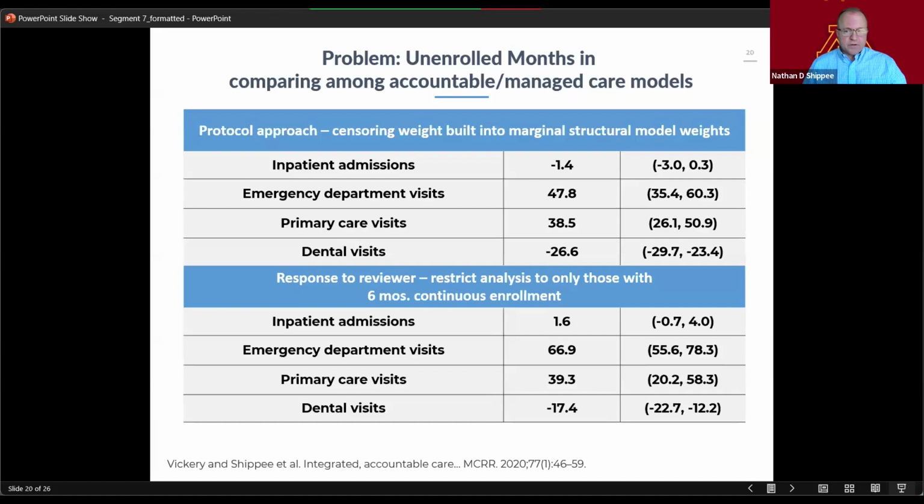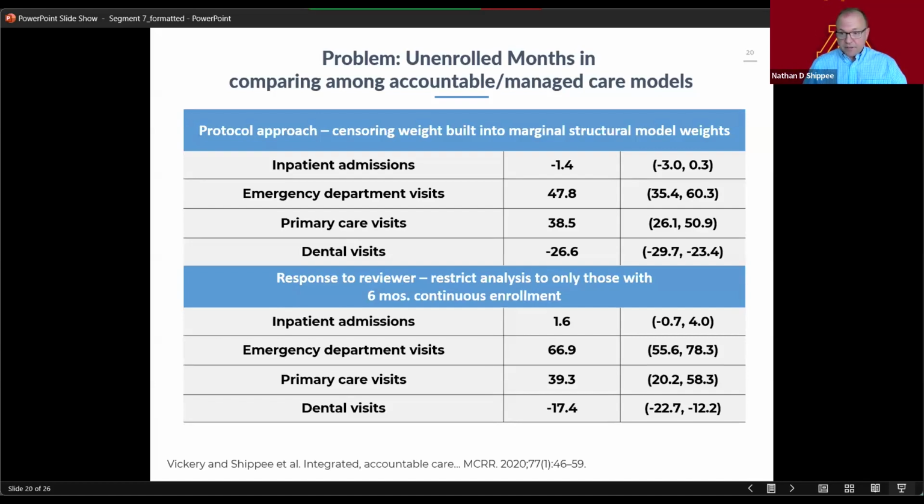The direction of the difference and the general magnitude of the difference in emergency department and primary care visits are pretty close. The estimates are a little different, but the broader takeaway in comparing these is still a similar story. And in dental visits, this was one of the places where we saw a significant difference between a couple of different kinds of managed care programs.